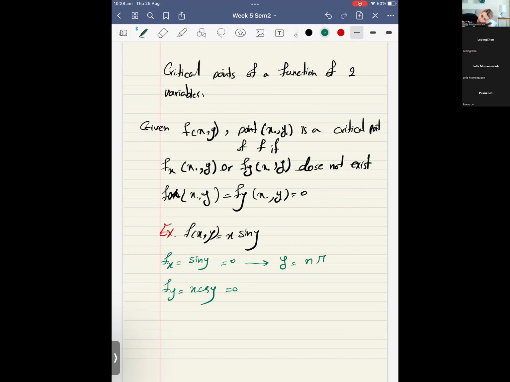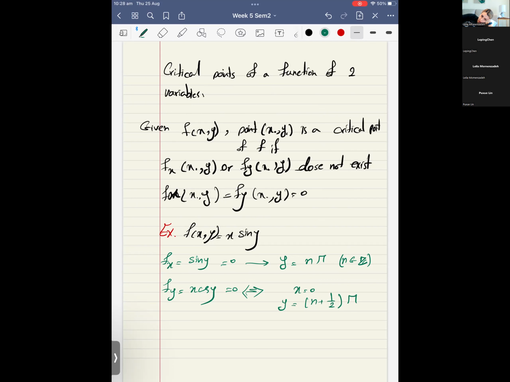N pi means, for example, 1 pi, 2 pi, any multiple of pi, you have sine y equal to 0, and n would belong to the integers Z. Also x would be 0 or y would be equal to (n plus 1 over 2) pi.